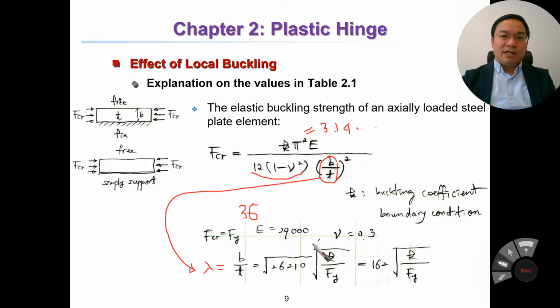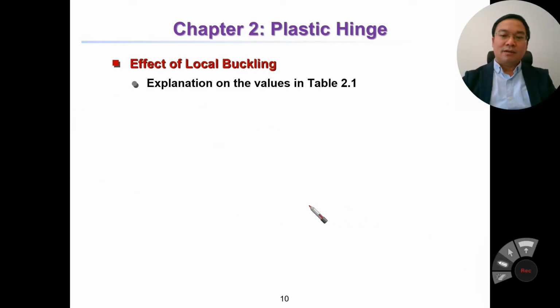Then we have E here. Then finally we have this one. It is for the compact section. So for the compact section, lambda should be equal to or less than 162 multiplied by the square root of k divided by Fy, and k depends on the boundary condition.